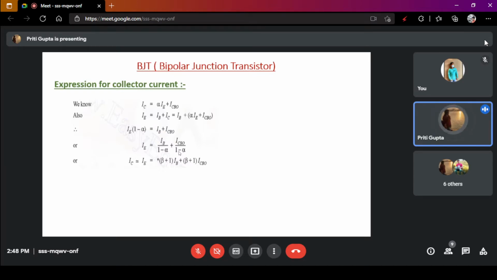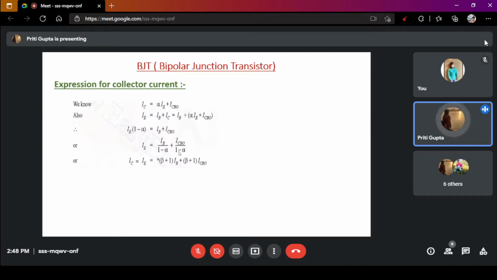Now, in the next line, on both the left hand side and right hand side, add 1. That is, in the left hand side, it will be beta plus 1. In the right hand side, it will be alpha divided by 1 minus alpha plus 1. Do this addition. In the numerator part, there will be alpha plus 1 minus alpha, and in the denominator part, there will be 1 minus alpha.